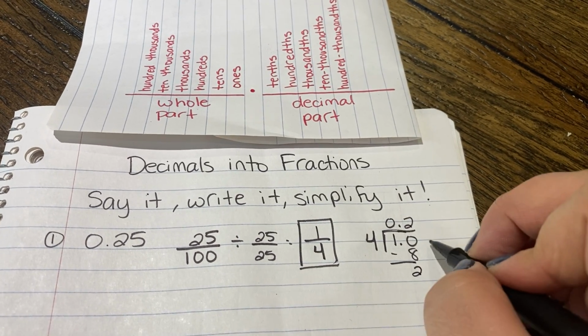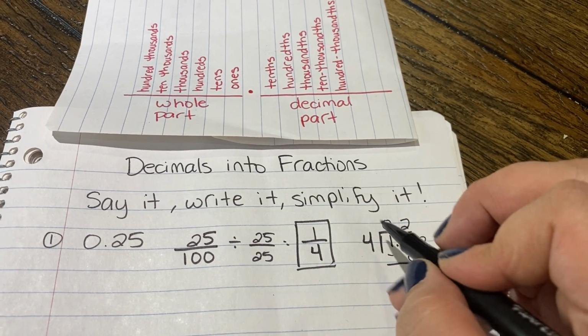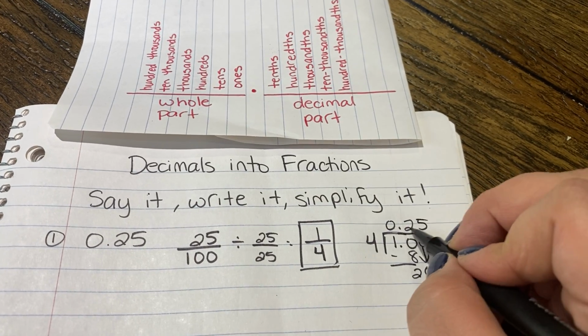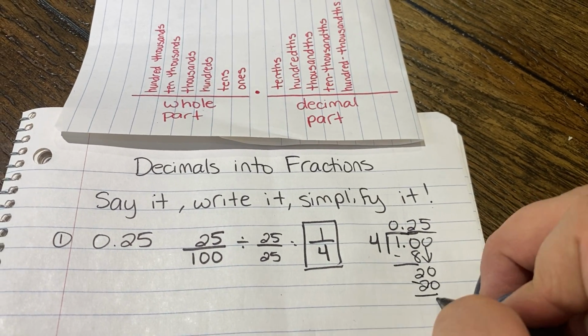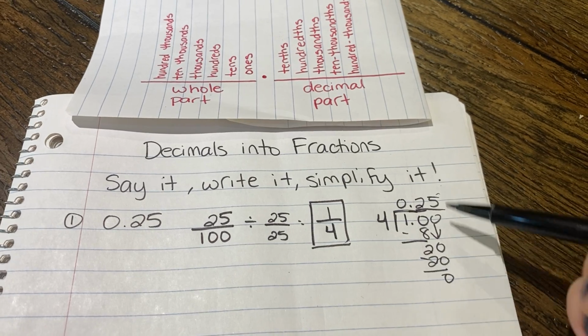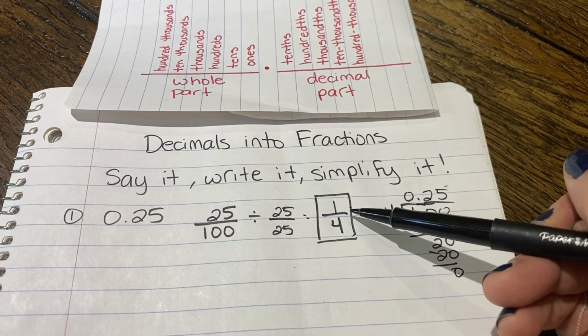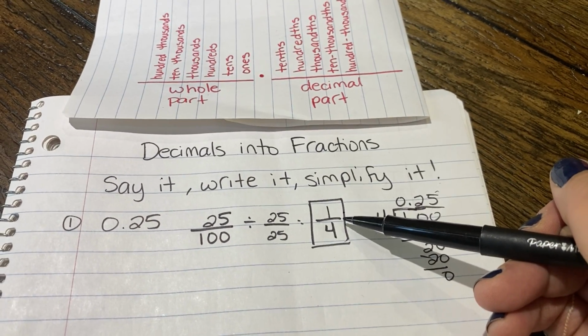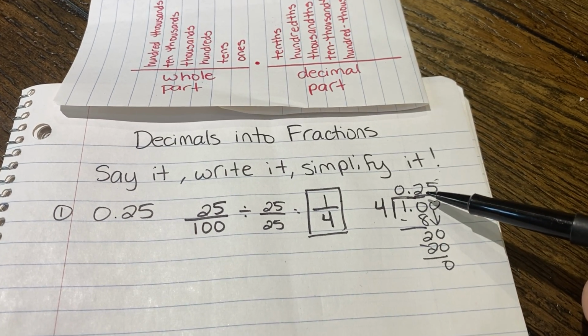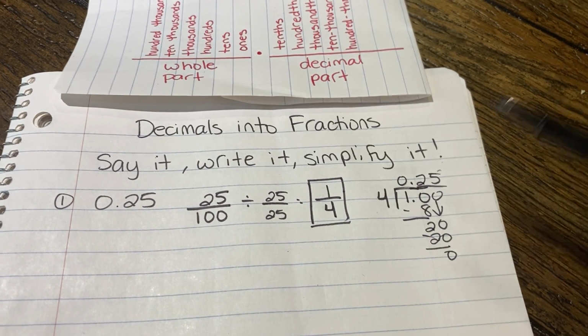Subtract, we get 2, and then add another 0. 4 goes into 20 5 times. By taking that extra little step, we've proved that our fraction of 1/4 did in fact equal the original decimal of 0.25, or 25 hundredths.